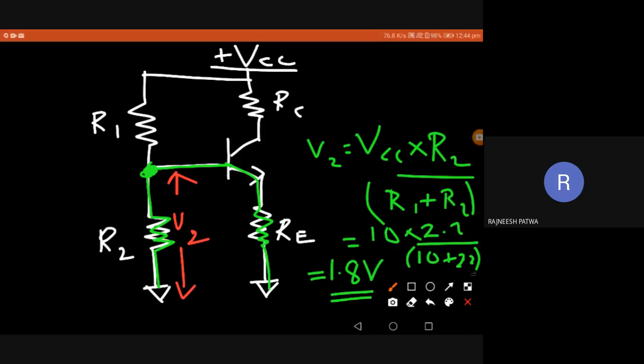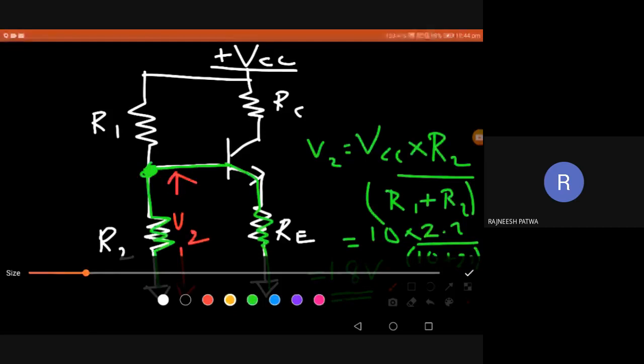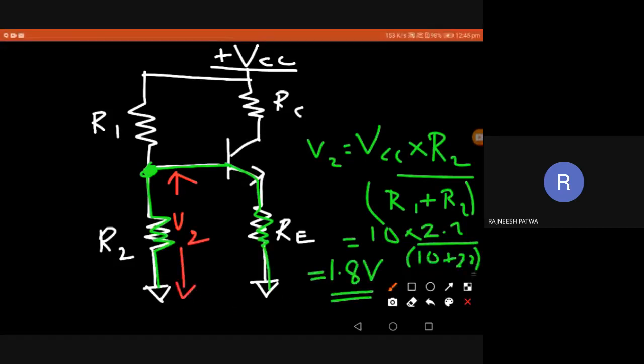So how to calculate V2? VCC into R2 divided by R1 plus R2. So I'll get 1.8 volt. Now this 1.8 volt at this node is the drop across VBE and RE resistance.